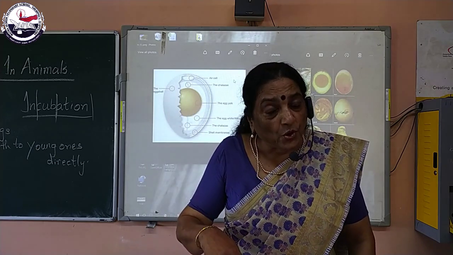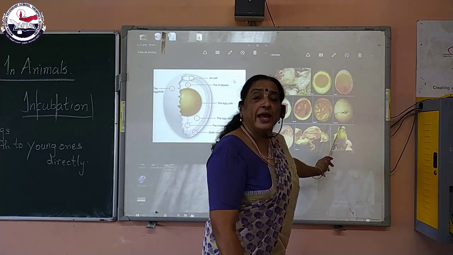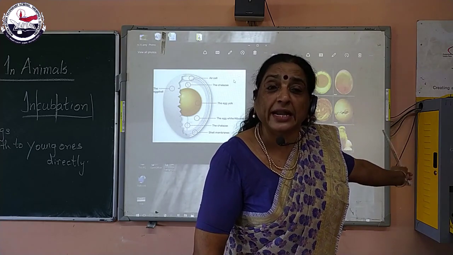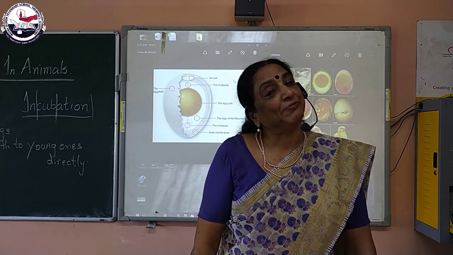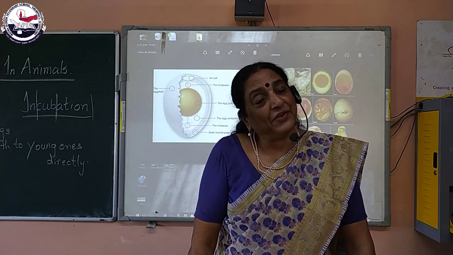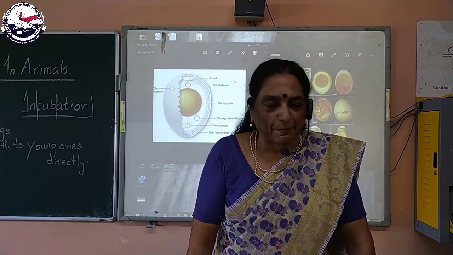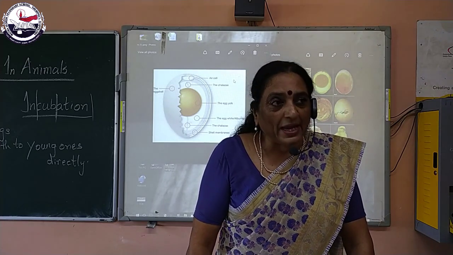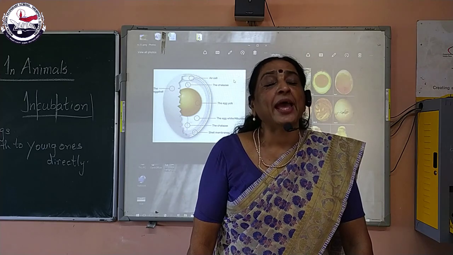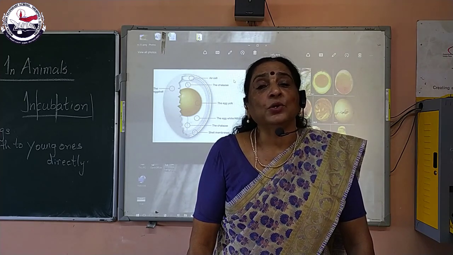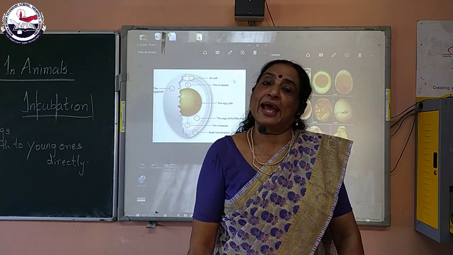From an embryo to an adult stage, to a mature adult stage, is called the life cycle of an animal.